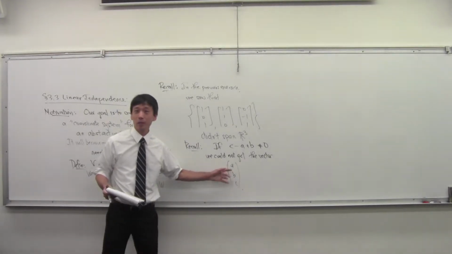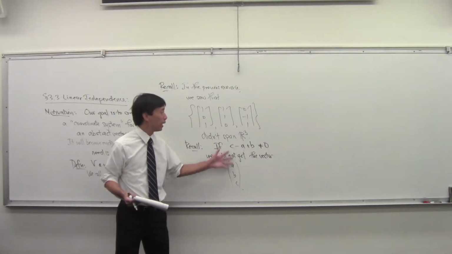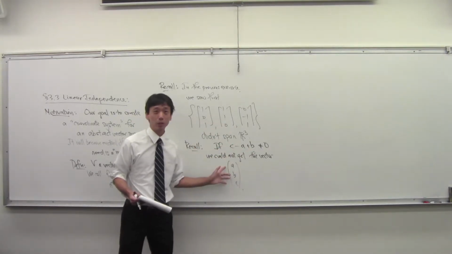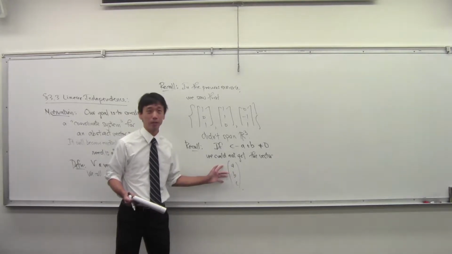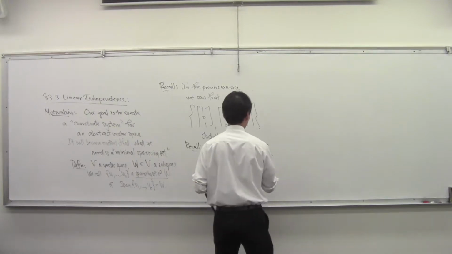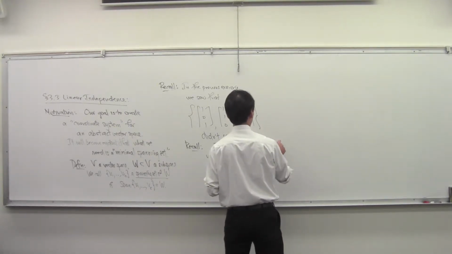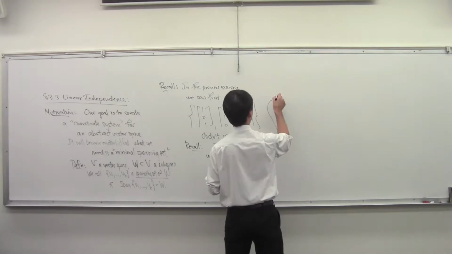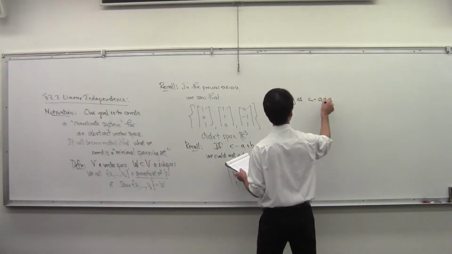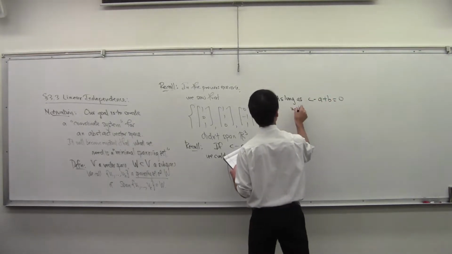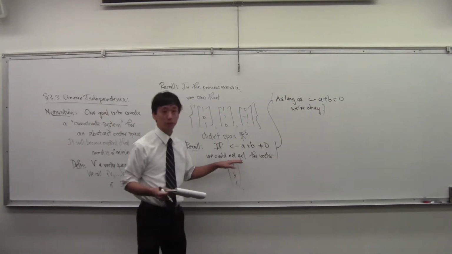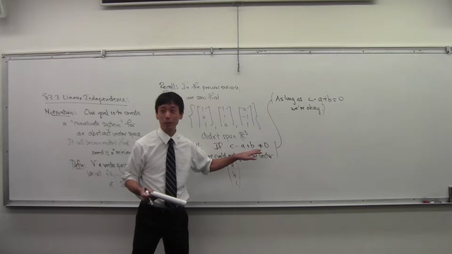Right? I hope everybody remembers this. We said, can you get an arbitrary vector ABC? And we saw that if this happened, then you couldn't get ABC. So what we saw was that as long as C minus A plus B equals 0, then we're okay. But if C minus A plus B was non-zero, then we're not okay.